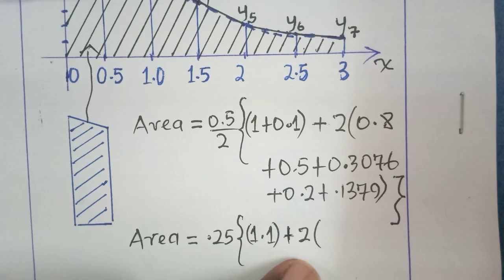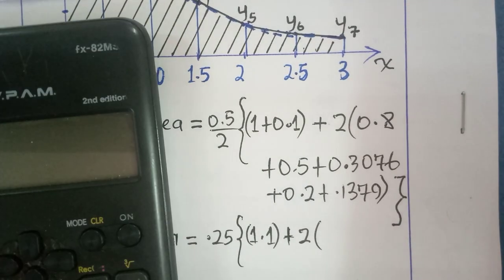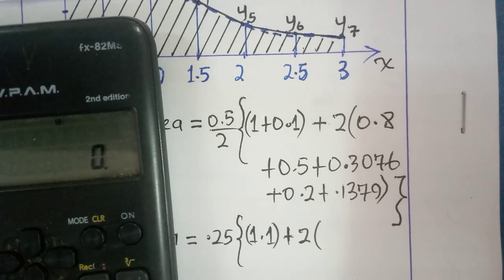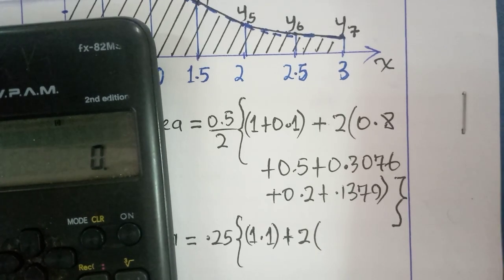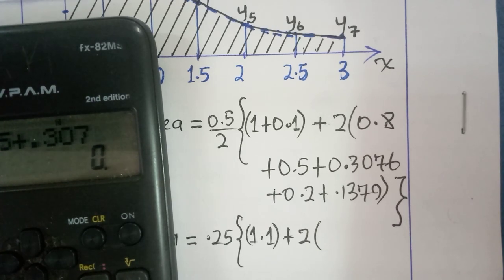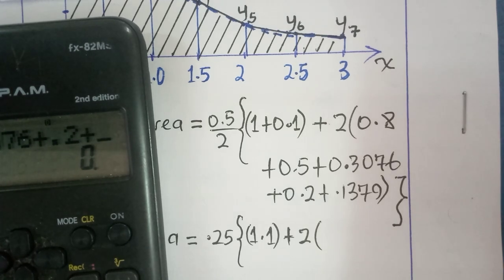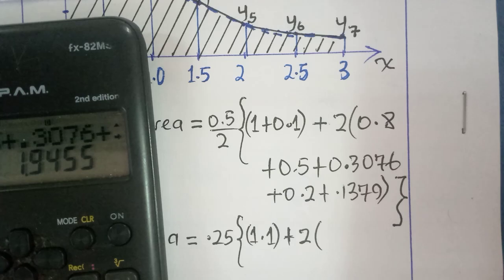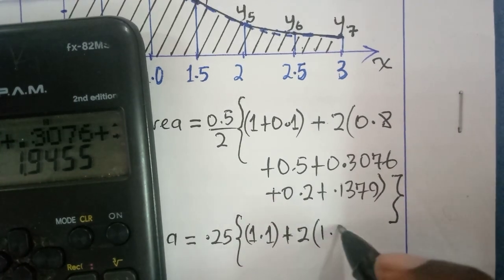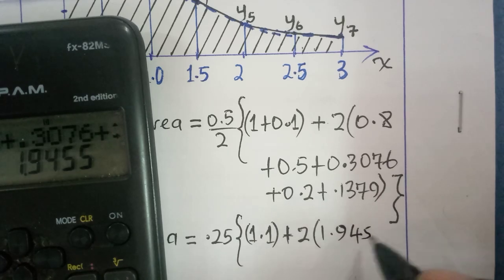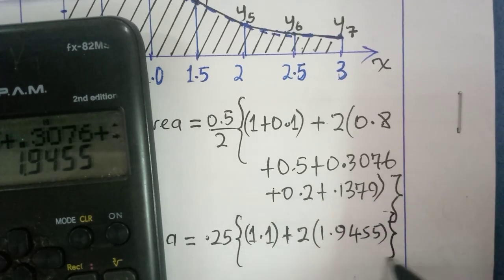I can add all these together and see what I will get: 0.8 plus 0.5 plus 0.3076 plus 0.2 plus 0.1379. That one gives us 1.9455.